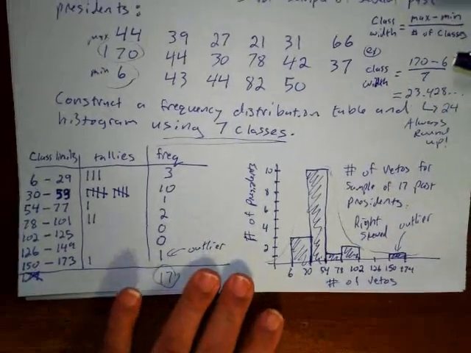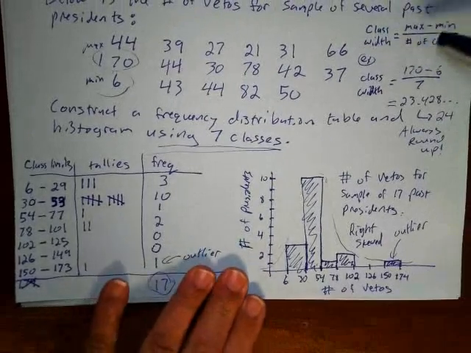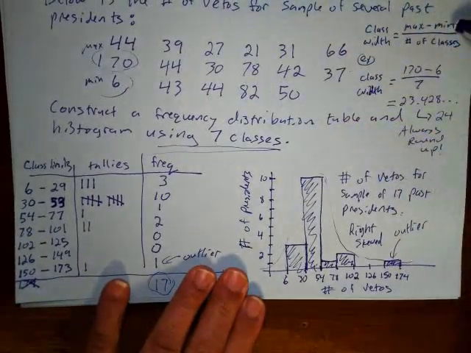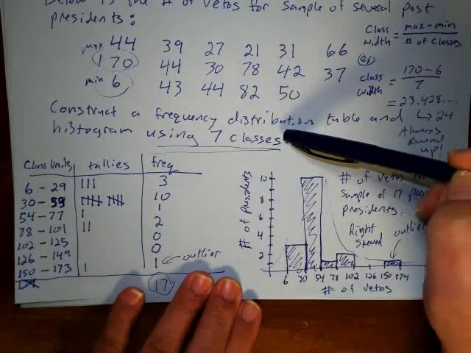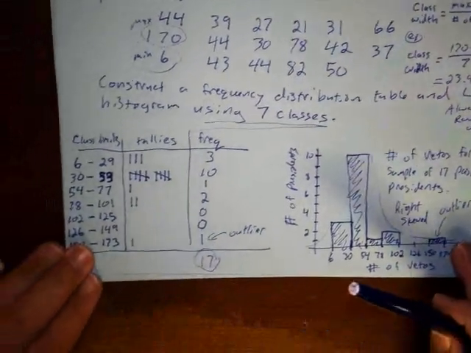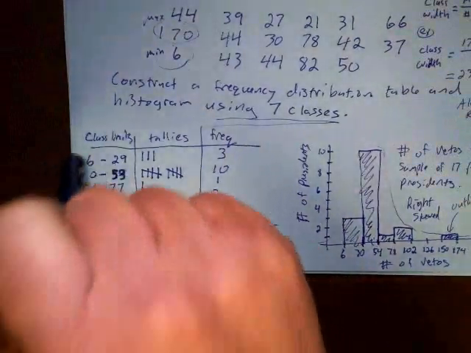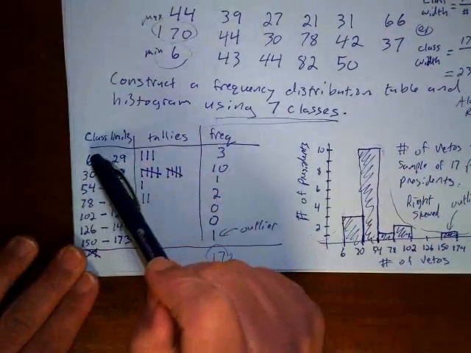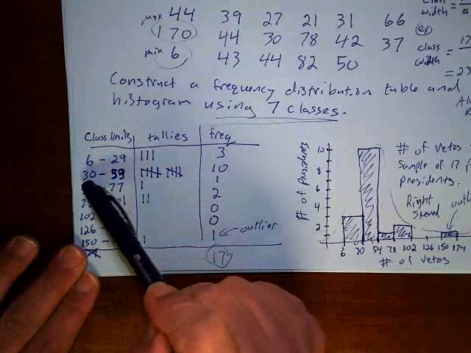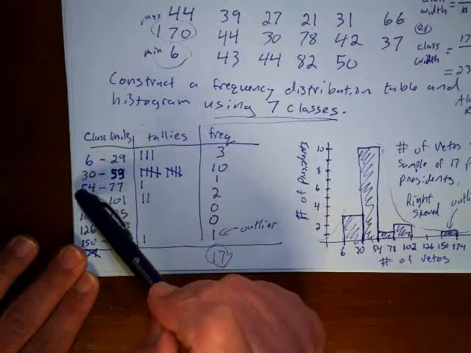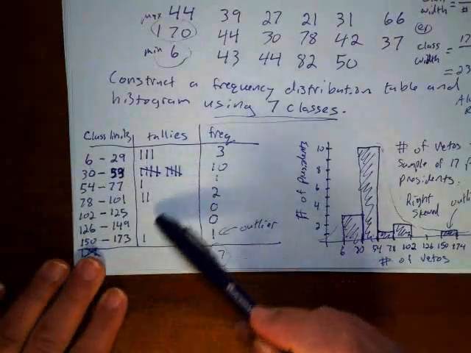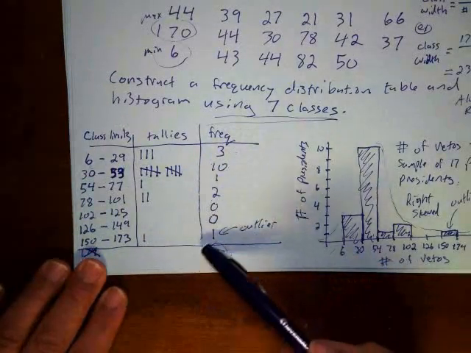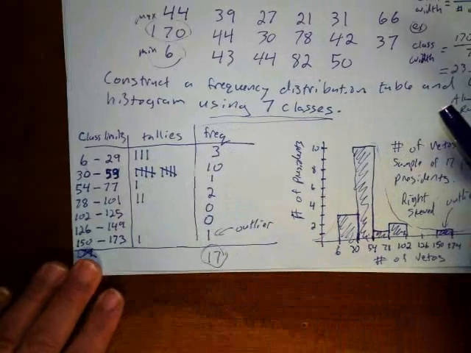Real quick here, for the class width, you just take the maximum minus the minimum, divide by the number of classes, and I will always tell you what number of classes to use. And then to make the table, you start with the minimum value, you add the class width to get the next lower limit, subtract 1, add, subtract, on down the line, and then you can use the tallies to find the frequencies, double check by adding them up.